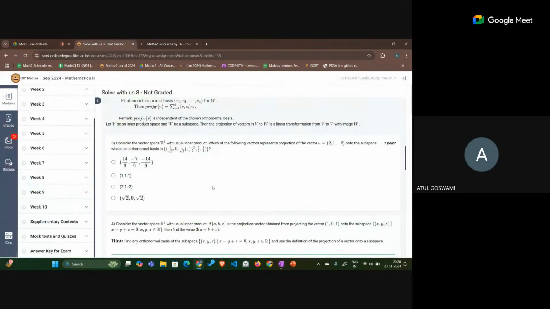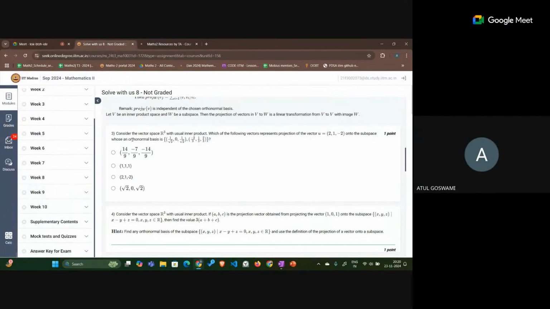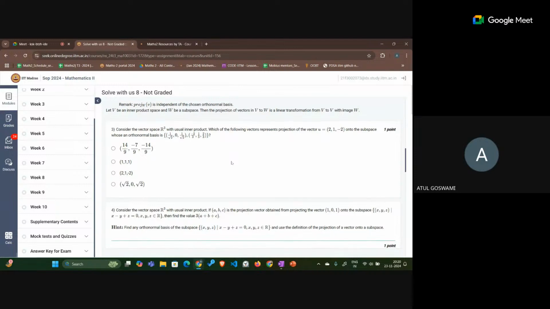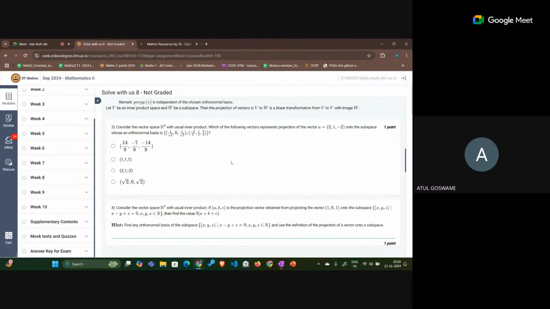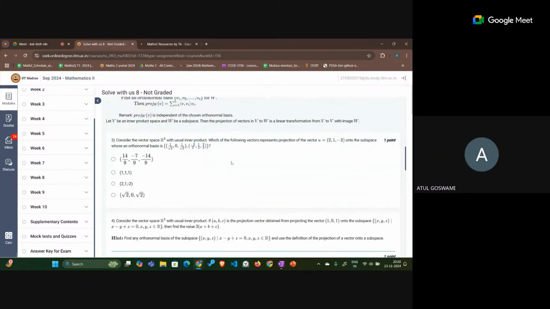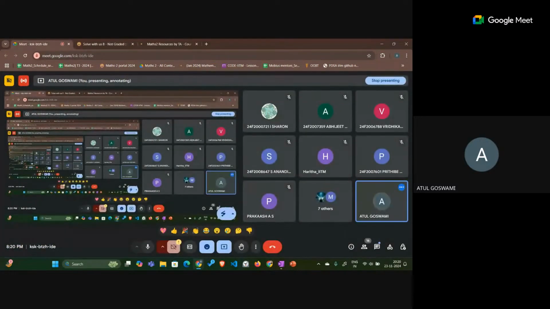Okay, so has everyone solved this question number three, or any doubt in this? Who has solved this question? Raise your hand. Who have solved? Just raise your hand by clicking on this hand icon.